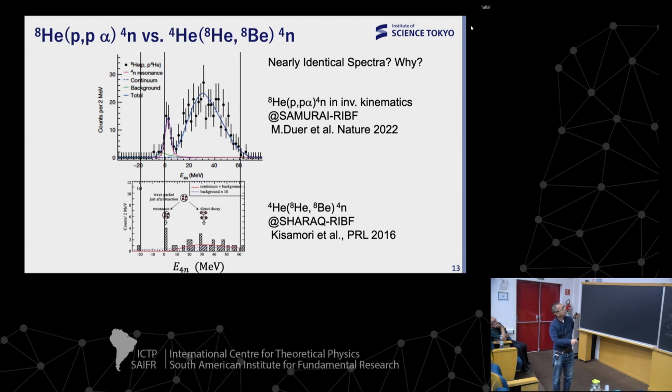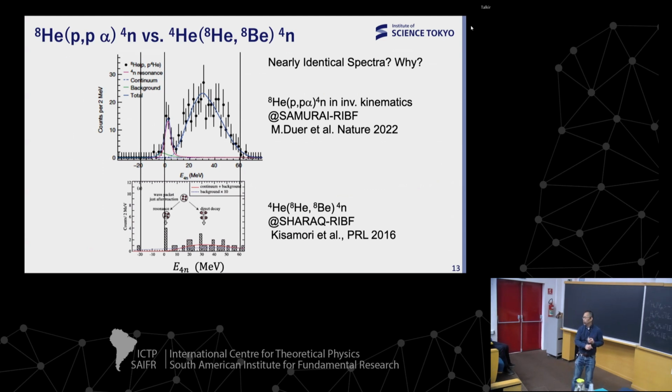Basically, these two experiments are consistent with each other. Even the phase space part is almost the same. The question I'd like to raise here is why this is so identical. I think no theoreticians can answer this so far.